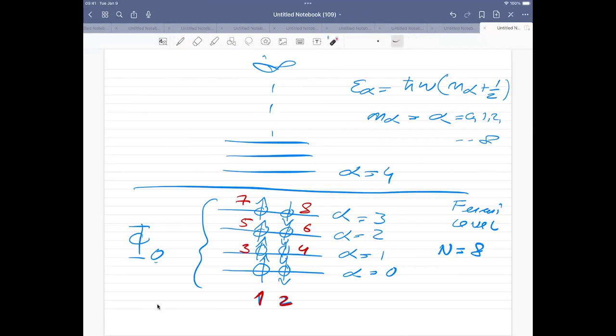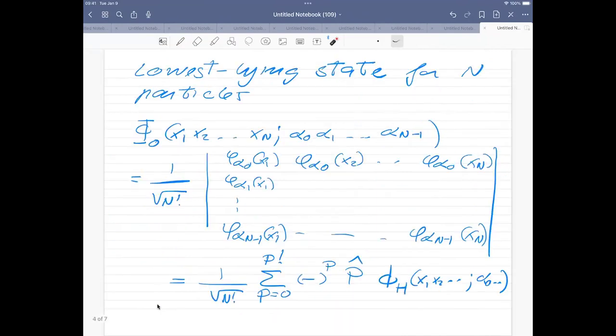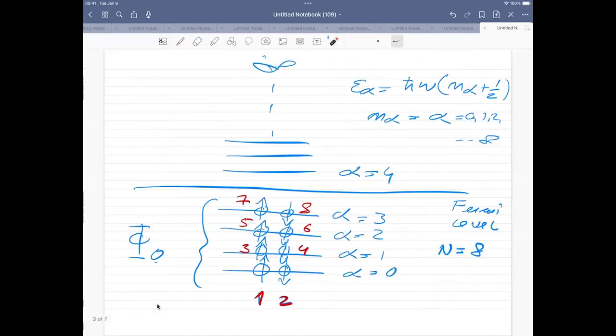So every slot now represents one of these single particle wave functions or single particle states. So that means that when you go back to this definition, then these slots are ordered in a specific way. And this is a way which follows your physics intuition about the system, because you're going to assume that this makes sense as a physical approximation to the ground state of the system.